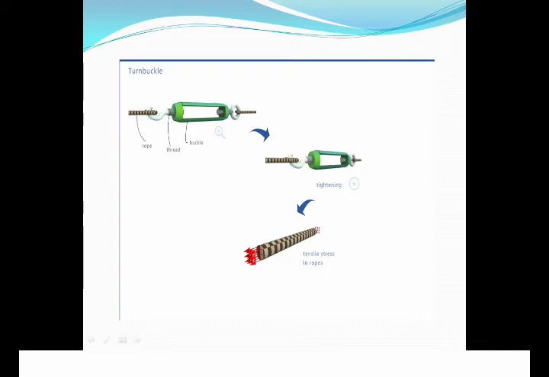To maintain the tension in the stay wires, we use the turnbuckle. Here the failure will be either in the rope or the wires, which will be under stress due to the load that is acting. So this is just an example for the turnbuckle.